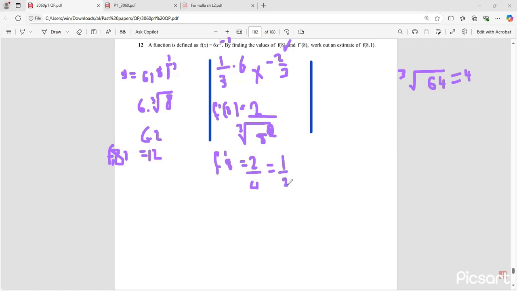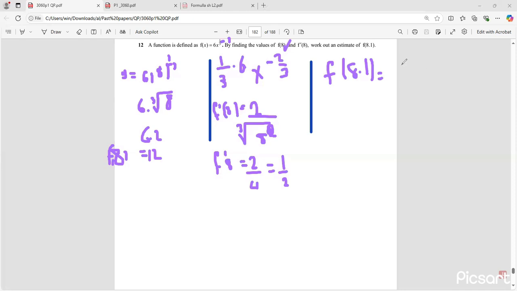Okay, and here he wants us to get f(8.1). So in this function, we're going to say f(8.1) will be equal to, so we start by putting 8.1 instead of x.